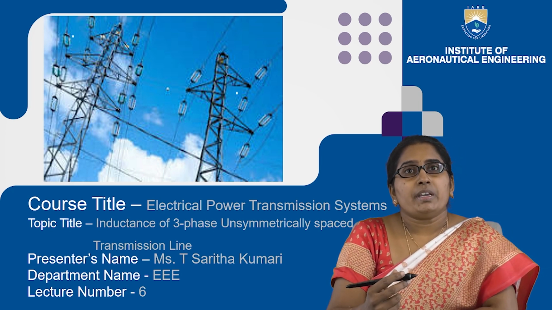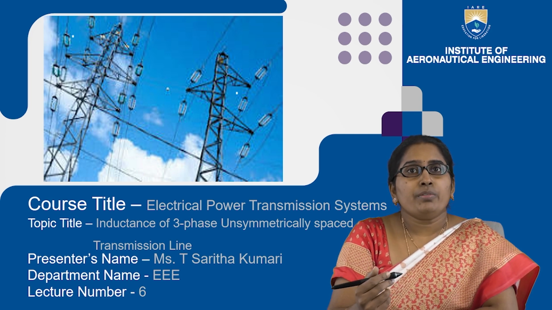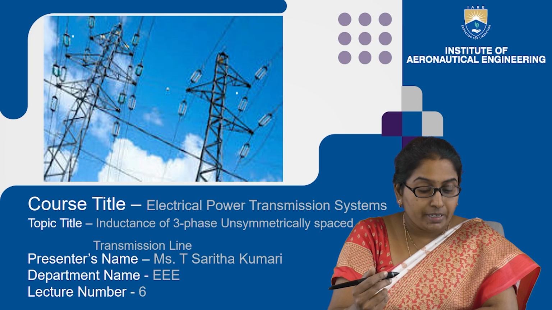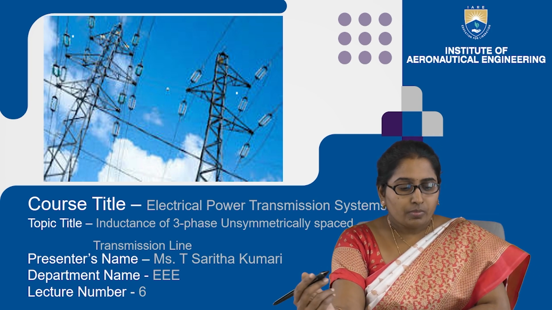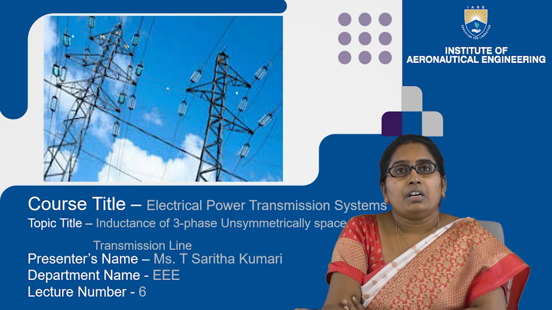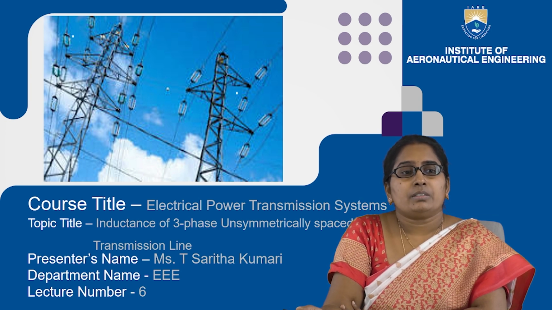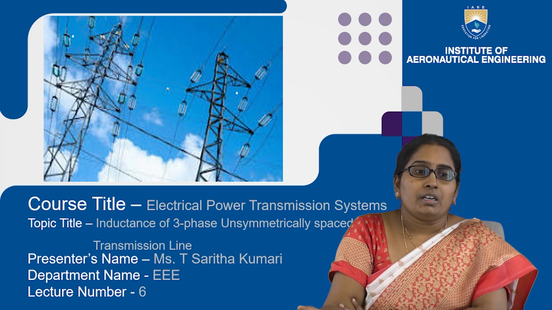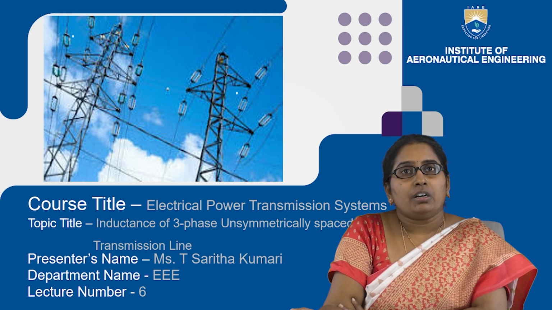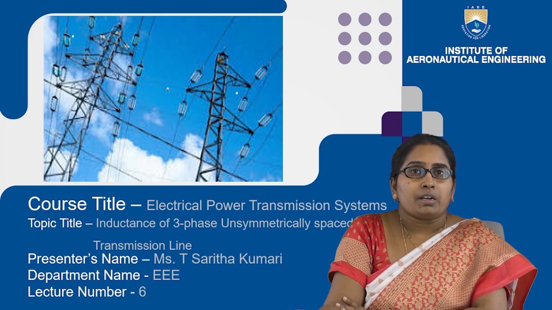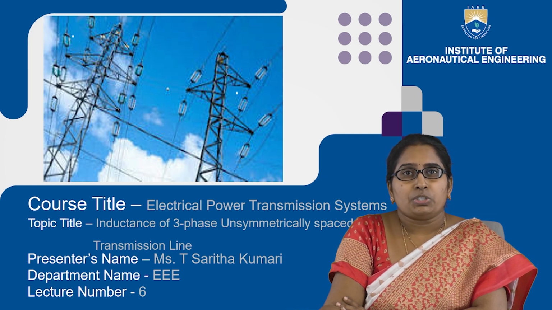Today, my topic is inductance of three-phase unsymmetrically placed transmission line. In my previous lecture, we have seen the single phase line: the inductance for a single circuit single phase line, and a composite single phase transmission line.